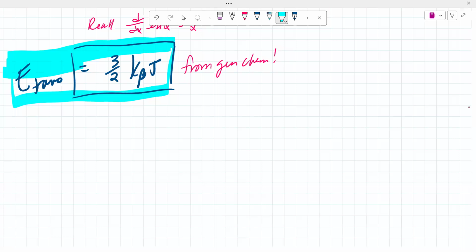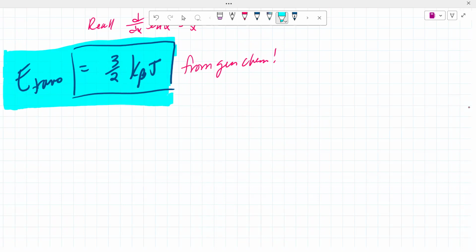I did gloss over a few of the steps on doing the integrations, so I would encourage you to go ahead and make sure you understand all of those. All right, there we go. So we'll remember that that's important later on.